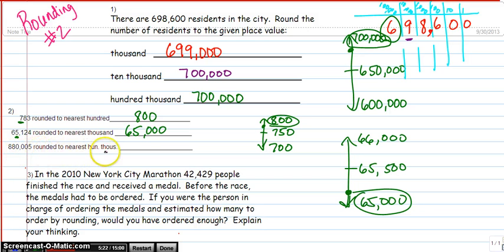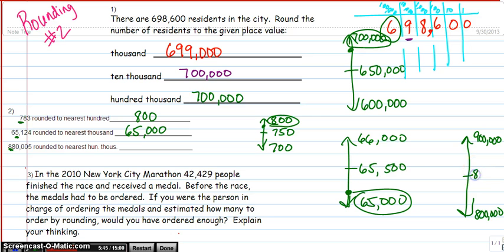I have 880,005 rounded to the nearest 100,000. So I underline the 100,000s place. I make a new place value model. I already have 8 in my 100,000s, so that becomes my bottom number. 100,000 more would be 900,000.